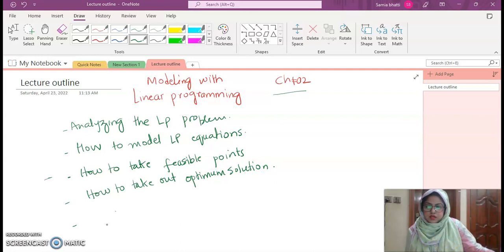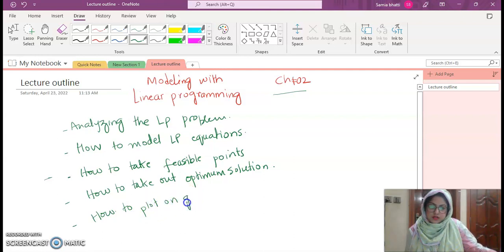We will learn how to plot on a graph, by which, after plotting, we will be able to take out the feasible points, and these feasible points will help us.